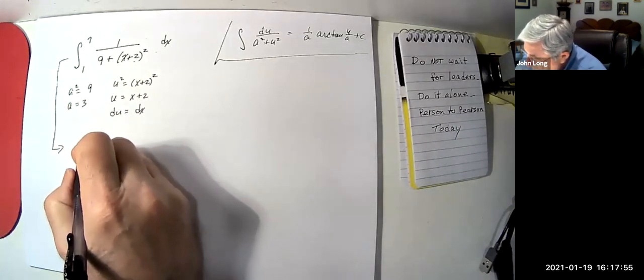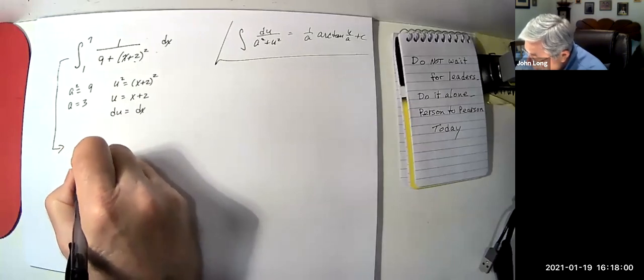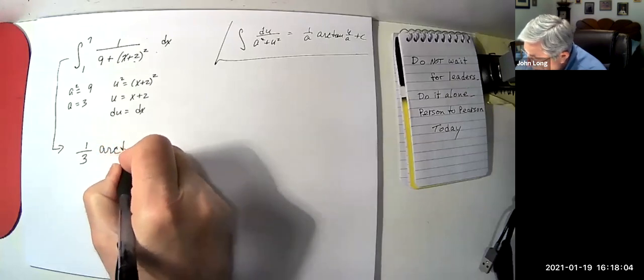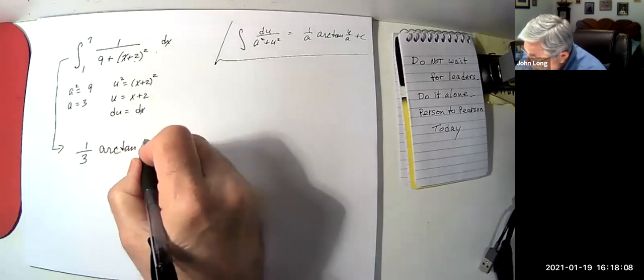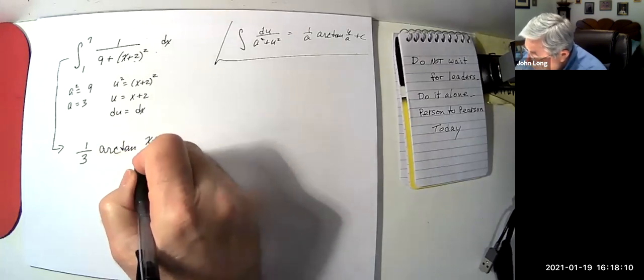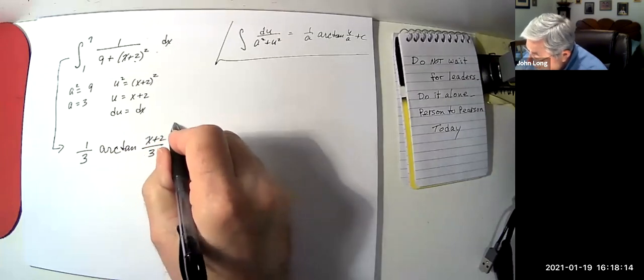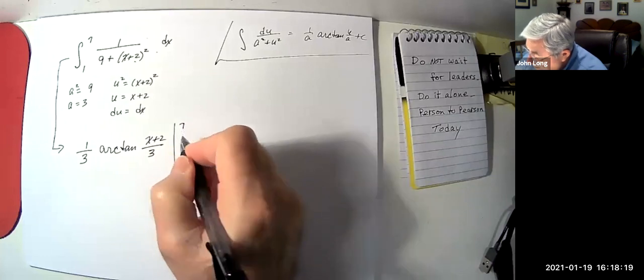And so this comes down here immediately as 1 over a, 1/3, arctan u, which is x plus 2 over a, which is 3. And then that whole thing is evaluated from 1 to 7.